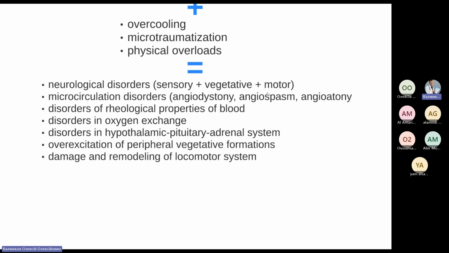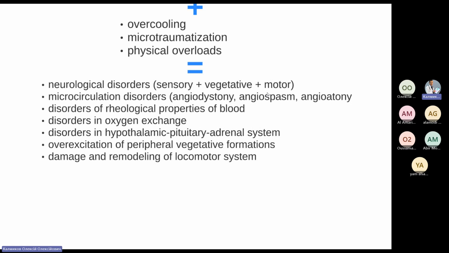Damage and remodeling of the locomotor system. I have partly explained already the mechanism of high amplitude vibration influence on any tissue, including bones, joints, ligaments, cartilages, tendons, muscles, anything.